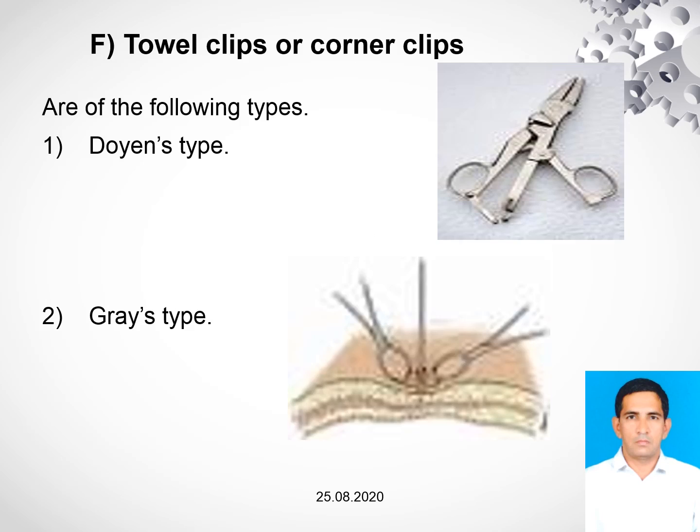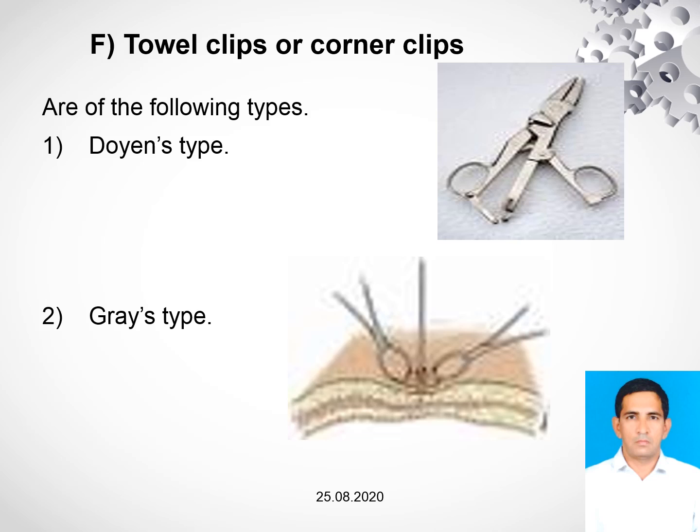Towel clips or corner clips are of the following types: Duane's type and Gray's type. Duane's type. Duane clamps have two sharp pronged tips.